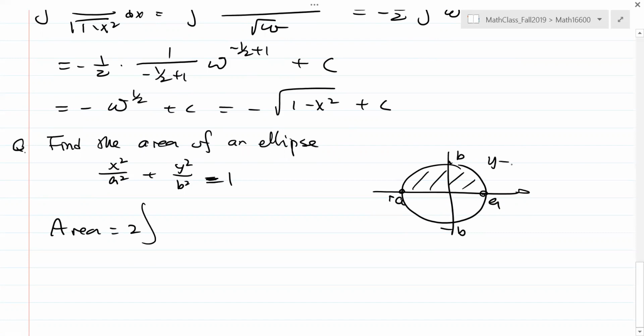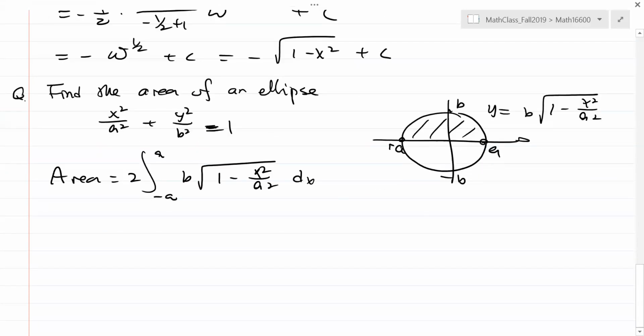So this is y equals, and how can I describe it? It's b times the square root of 1 minus x squared over a squared. You solve for y, and you get y over b equals plus or minus the square root of 1 minus x squared over a squared. Minus means it's the bottom part, and plus is the top part. So this should be the integral from negative a to positive a of this function.